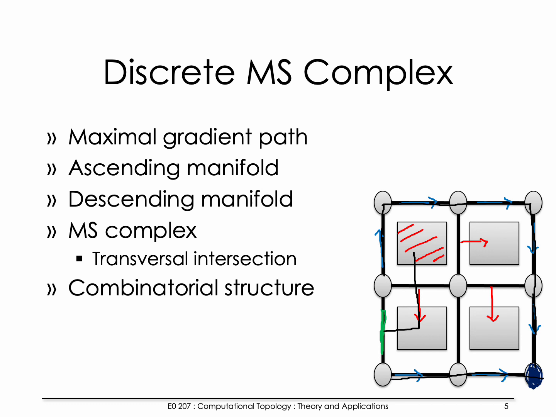So with this we have the combinatorial structure of the Morse-Mel complex. We have all the connections between the saddle and the max and the saddle and the min. So hence we have the Morse-Mel complex. So note that the two cells of the Morse-Mel complex can also be computed explicitly by tracing the 1-2 gradient pairs.